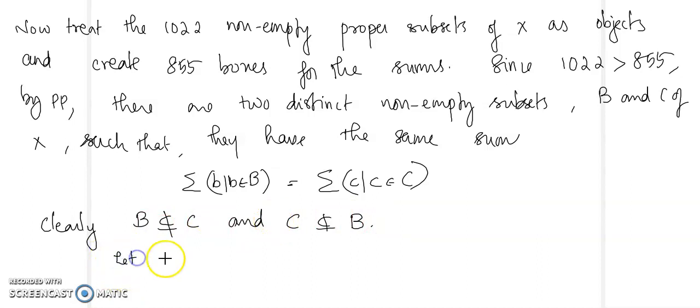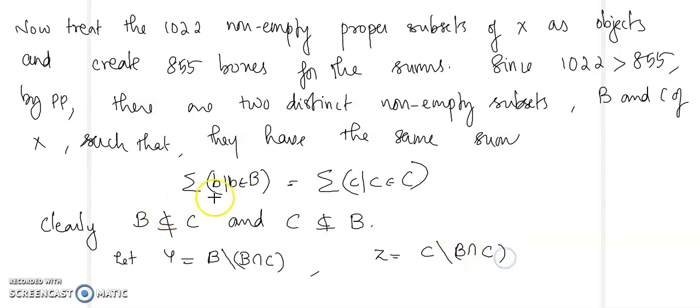Now let us take Y equal to B minus B intersection C, and Z equal to C minus B intersection C. We have that the summation over B is equal to the summation over C, so these two sums are equal. If there are the same elements on both sides and I remove them from both sides, the sum is going to remain the same.